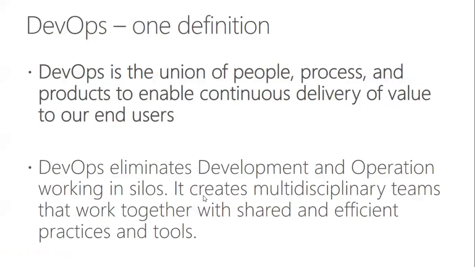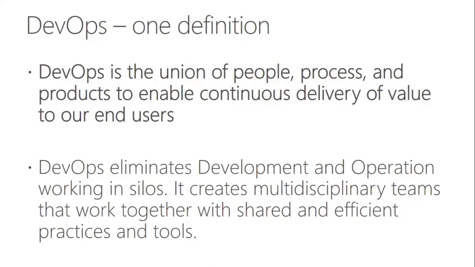It is not any specific software product. It is a process, a union of people and products to enable continuous delivery of value to our end users, customers or stakeholders.